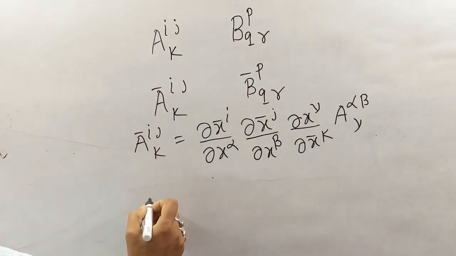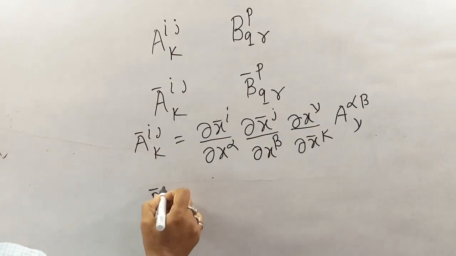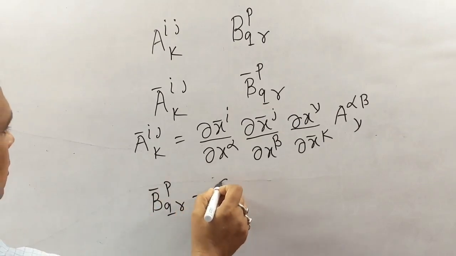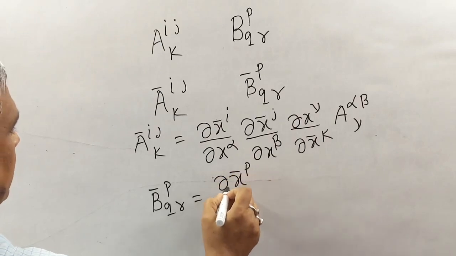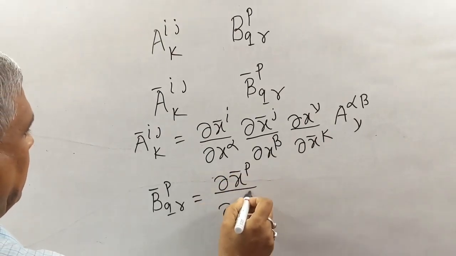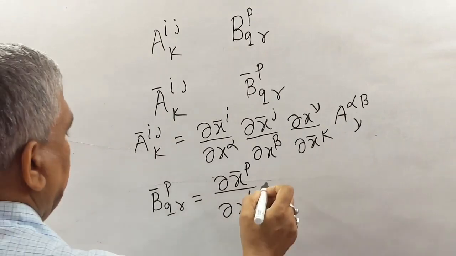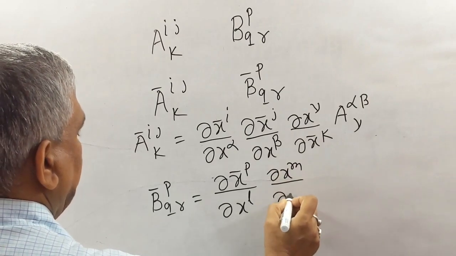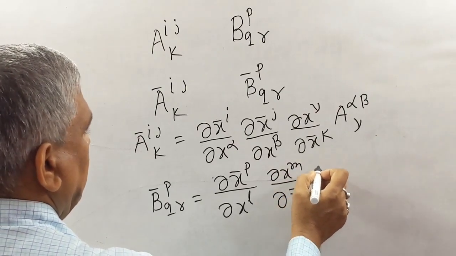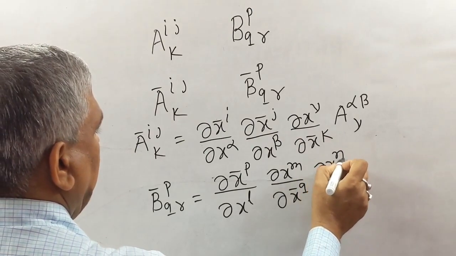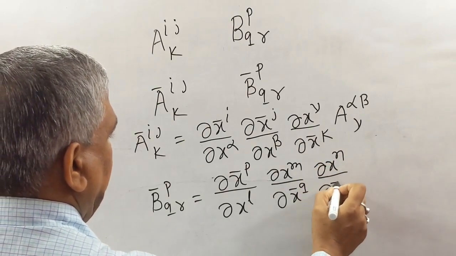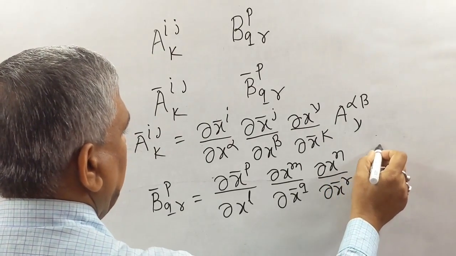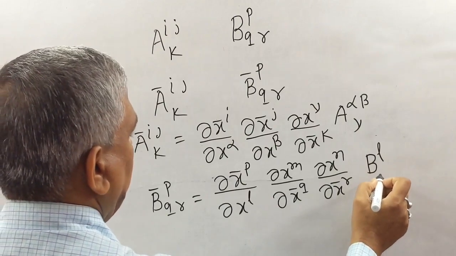Similarly, B bar pqr equals del x bar p by del x l, del x m by del x bar q, del x n by del x bar r, B lmn.